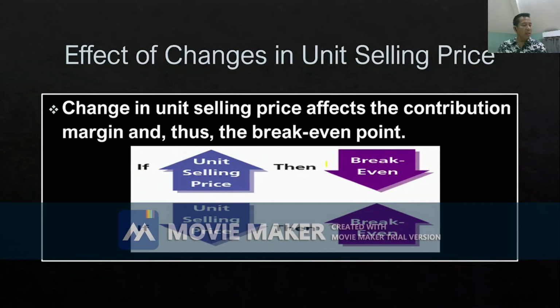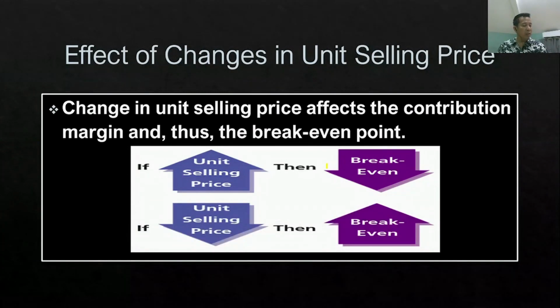Sabi ko kanina. So decreases in unit variable cost also decreases the break-even point. Increases in the unit selling price decrease the break-even point, while decreases in the unit selling price increase the break-even point.